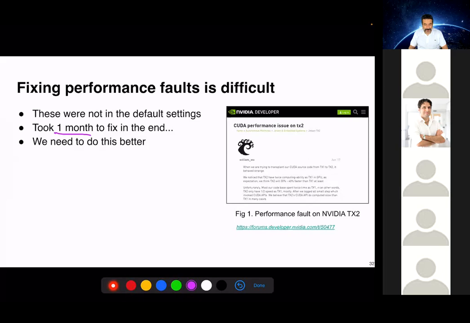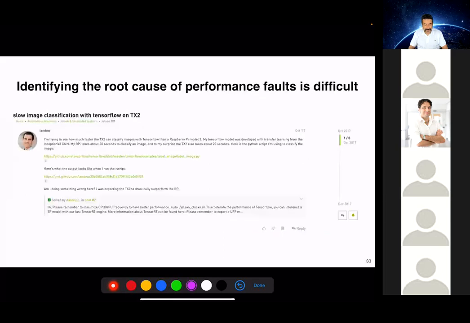Also, more interestingly, there was another issue. It was the case when they used some image classification. They migrated this image classification from some Raspberry Pi hardware to TX2.